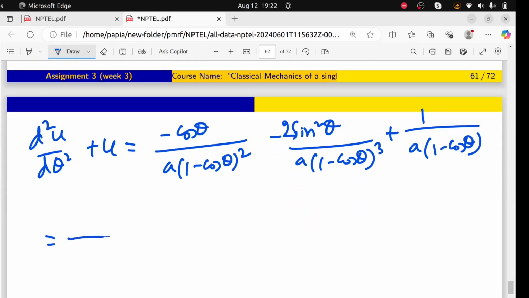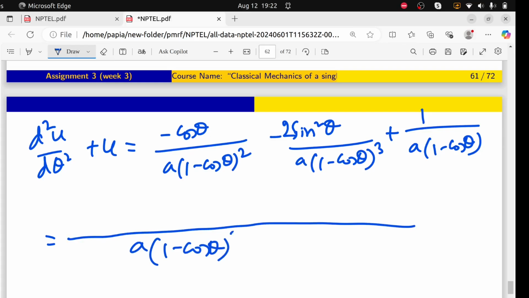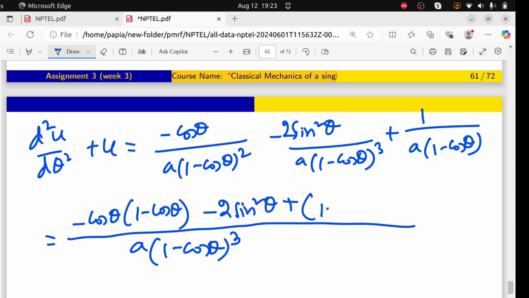Then the answer is like 1 minus cos theta whole cube, minus cos theta 1 minus cos theta minus 2 sin square theta plus 1 minus cos theta whole square.